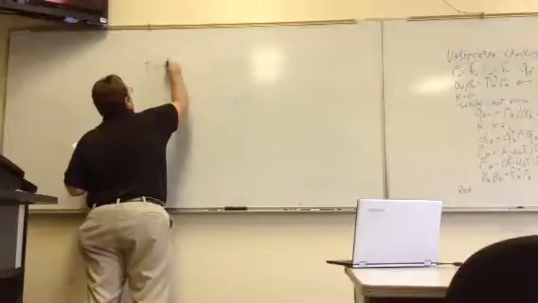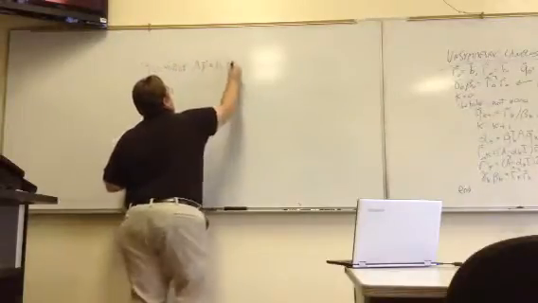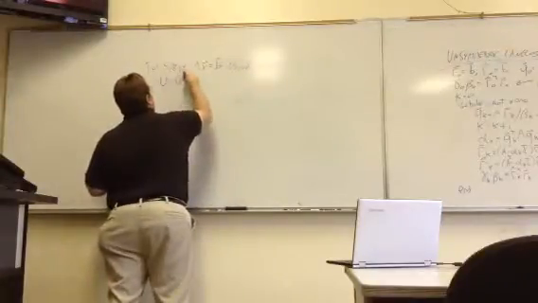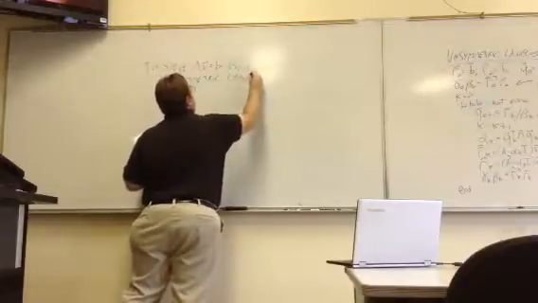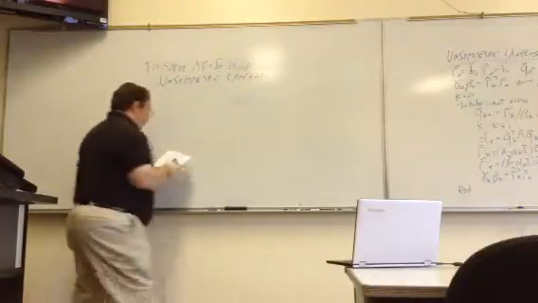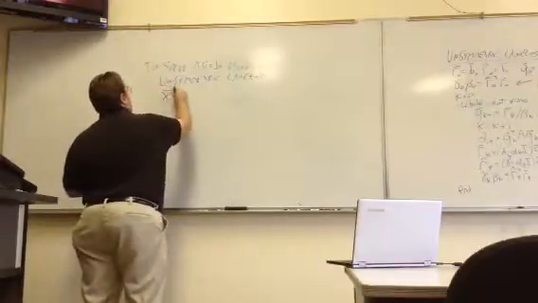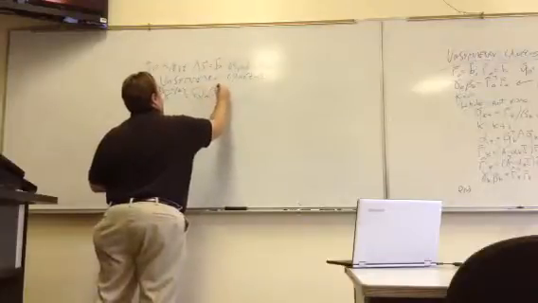So to solve Ax equals b using unsymmetric Lanczos, what we do is we assume that x has the same form as we have in all the other iterative methods.